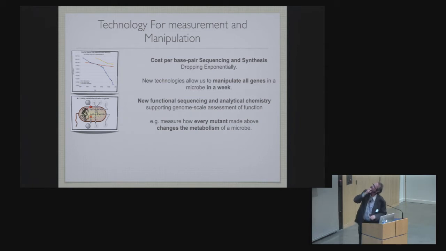There's new functional sequencing. So right now there's 200 different ways of measuring genetic function with sequence. Not just sequence, but RNA, methylation, actually some enzyme activity, things like this. But I'll give you another example. My colleague, Trent Northern, we've been able to measure the metabolic profile of knockout mutants of every gene in 100 organisms this last year.